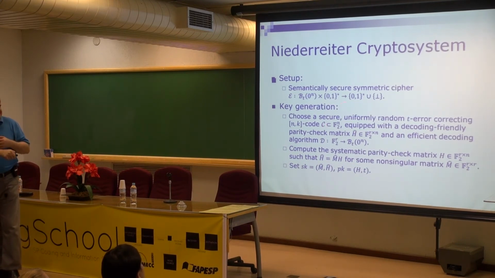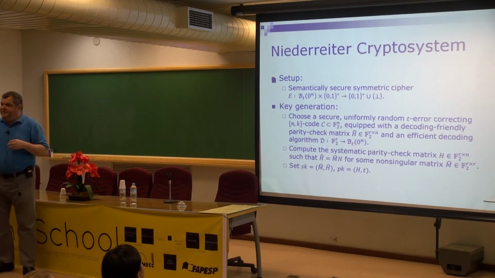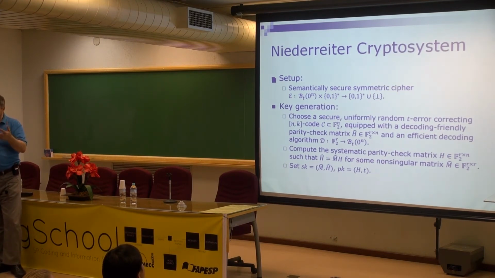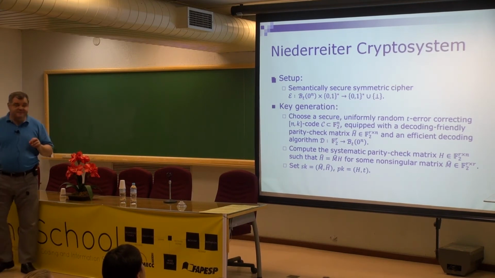For encryption, it's hard that anything will go wrong here, but for decryption, it's possible that we get an error indication. If we feed the inverse of this encryption function something that is not a cryptogram, it will tell us, no, this is garbage. This is not a true ciphertext.